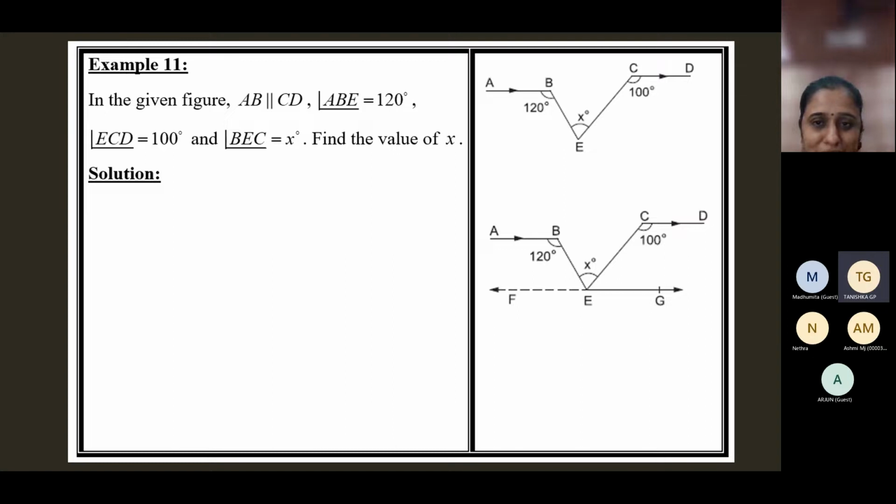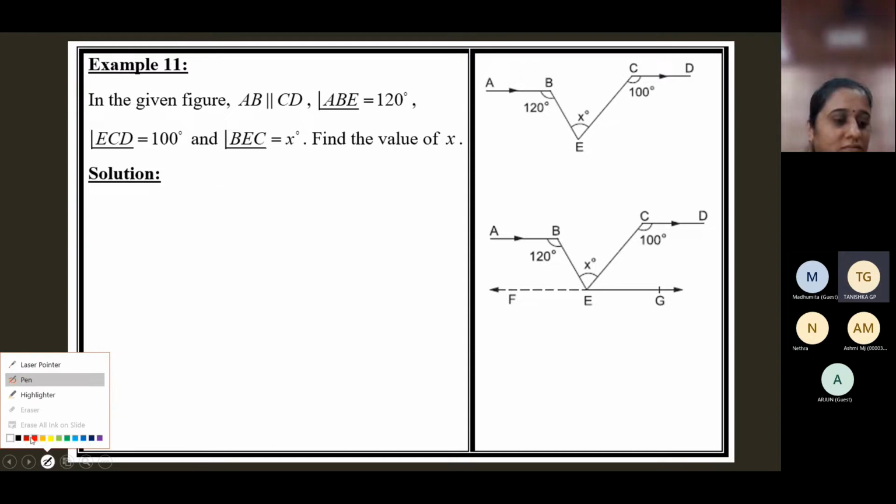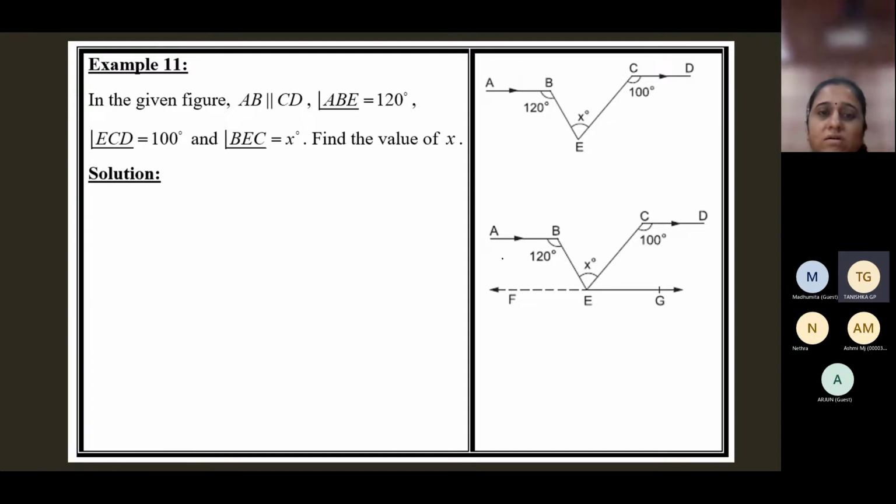Ma'am, angle FEG is a transversal. Darling, first mention the parallel lines, which are the parallel lines, and then the transversal. AB is parallel to FG.